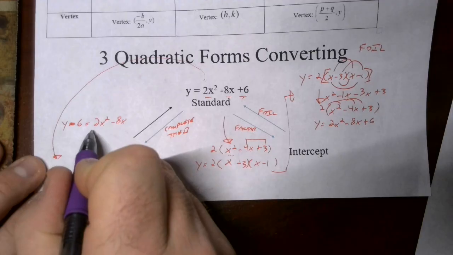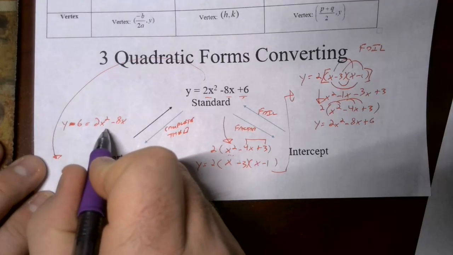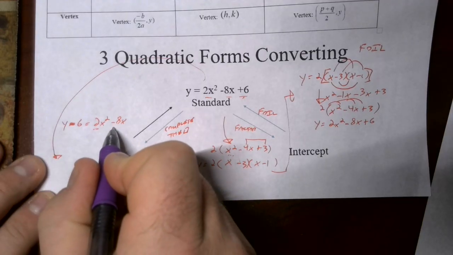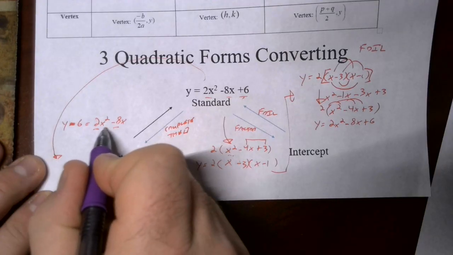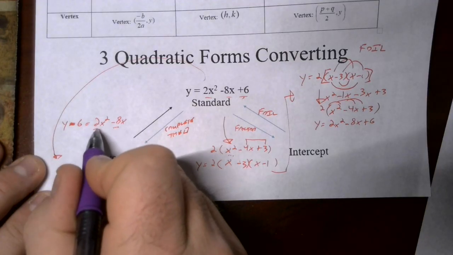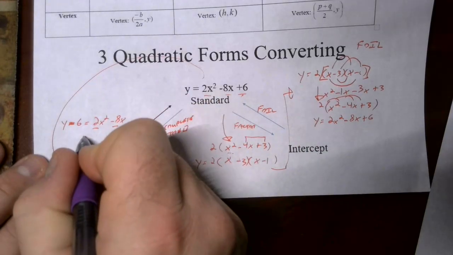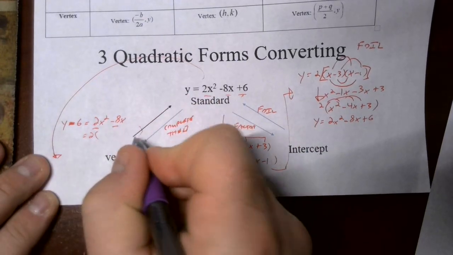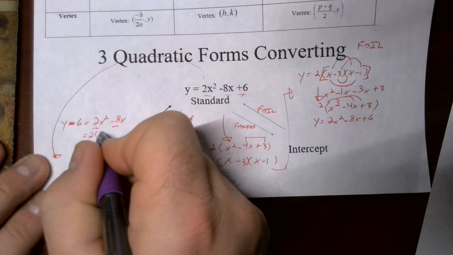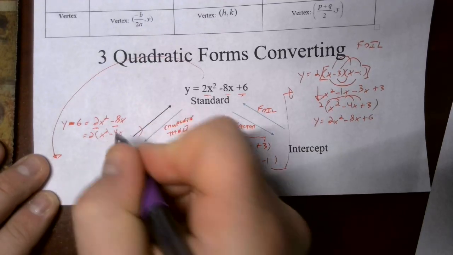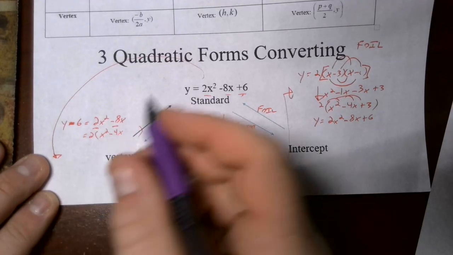Now, to complete the square on the right side, I need to factor out a 2 out of these first two terms, because you can't do it unless there's a 1 in front of the x squared. So notice a 2 goes out front. So now I have x squared minus 4x left in the parentheses.